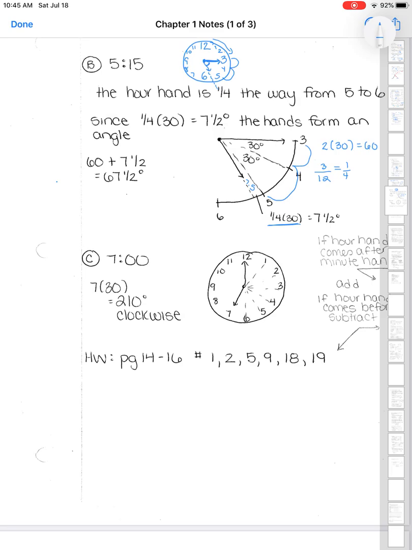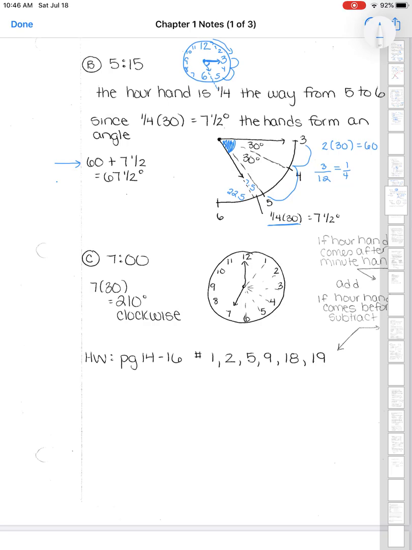Now, there are 2 places that 7.5 could go. It could go from the 5 to the dotted line that we drew, or from the dotted line to the 6. When you do that fraction multiplied by 30, that number you get, no matter what, is always going from the lower number to the higher number. Then, to figure out what's left, we do 30 minus 7.5, which gets us 22.5, which goes from the dotted line to the next number.